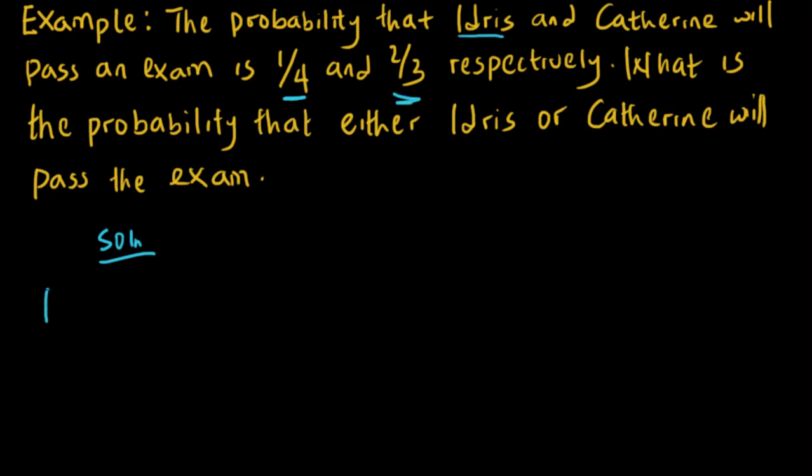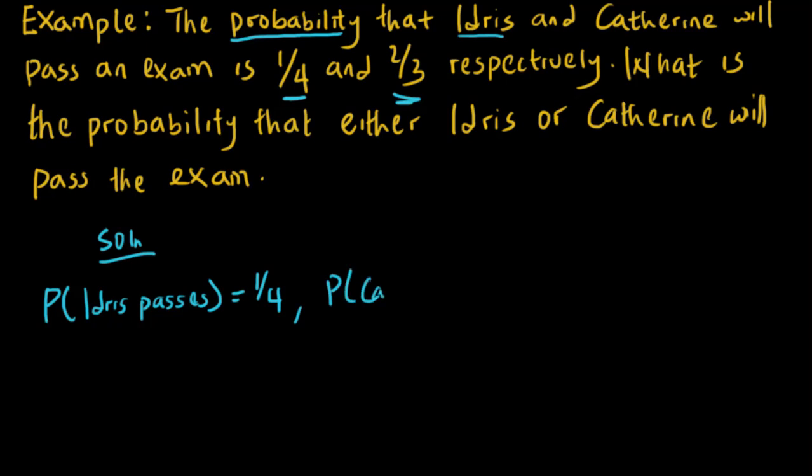So we can write probability that Idris passes equals 1/4. We are given the probability. And then probability that Catherine passes equals 2/3. Now we are asked what's the probability that either Idris or Catherine passes.